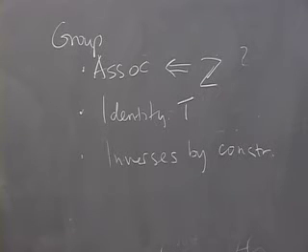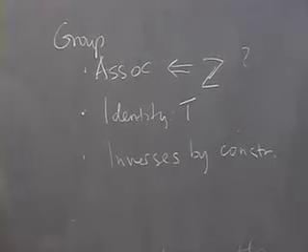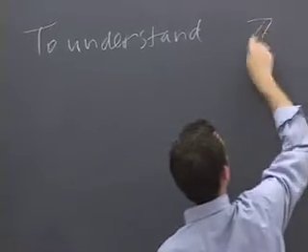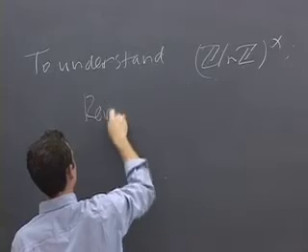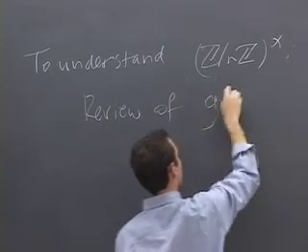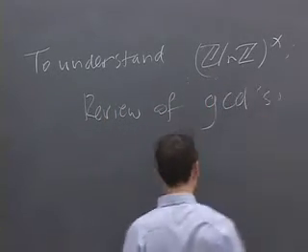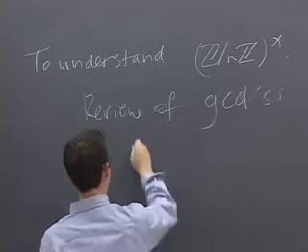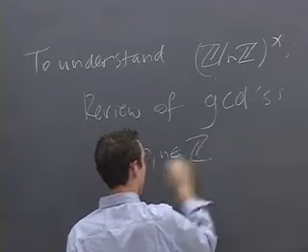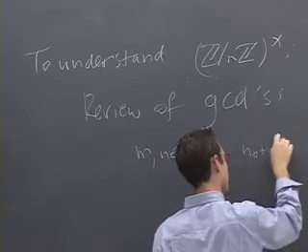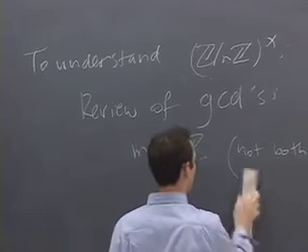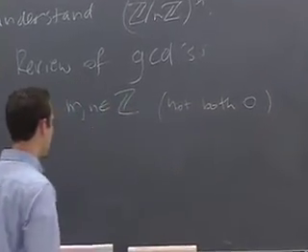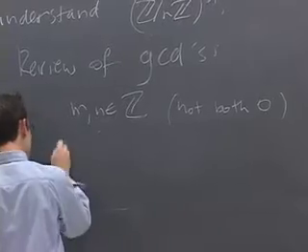So, to understand Z mod nZ star, a review of greatest common divisors. If I have m and n integers, and I'm going to assume they're not both 0, it's just a hypothesis that's going to make theorems easier to write down. So what is the GCD?